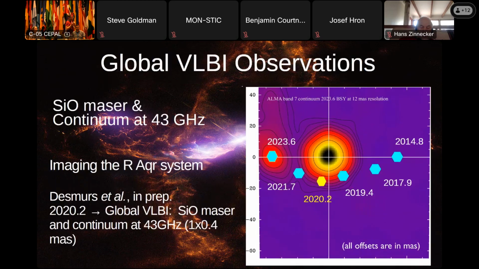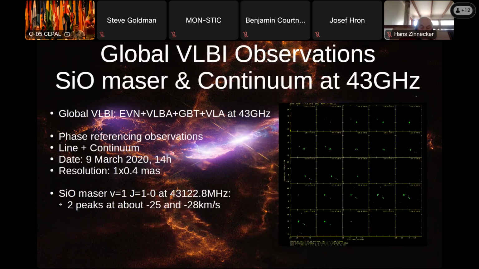We also tried to make some global VLBI observations in 2020, which was nearly at the epoch of the periastron. So in that case, we observed with all the other available antennas in the global VLBI. We used the EVN, the VLBA, the GBT, the VLA, and at 43 gigahertz, we observed during 14 hours.